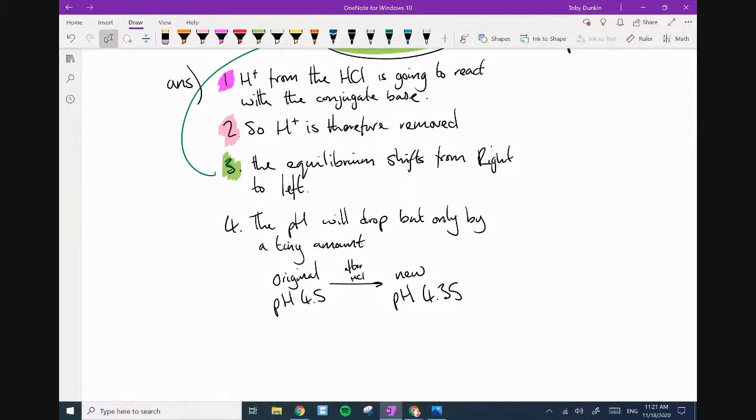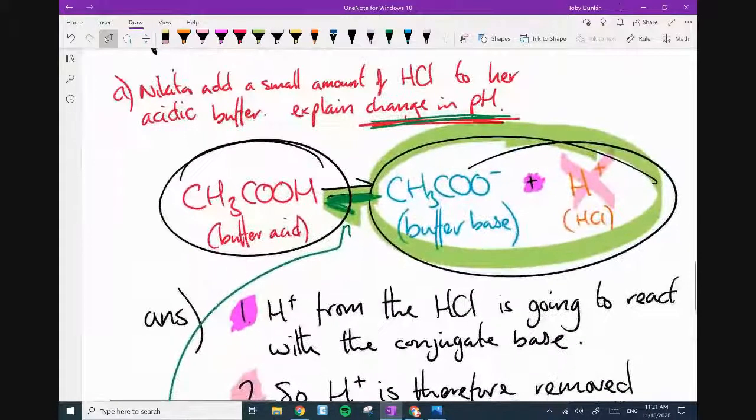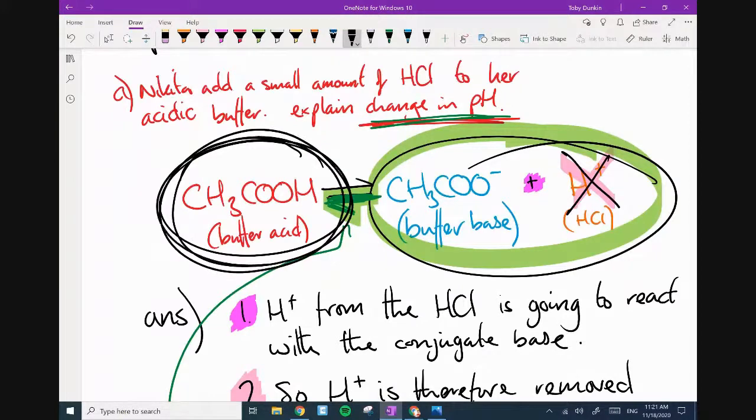So the question is, why has it changed at all? If the H+ has been neutralized, why would it change at all? The reason is I have created more of the weak acid. And we all know that in weak acid calculations, if you increase the concentration of your weak acid, the pH will drop.